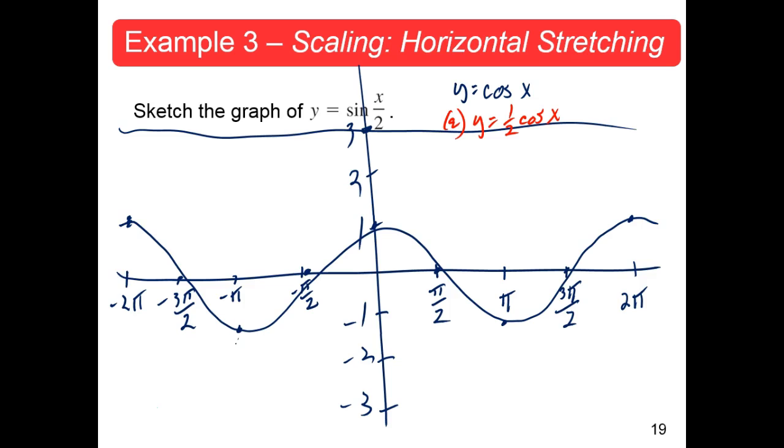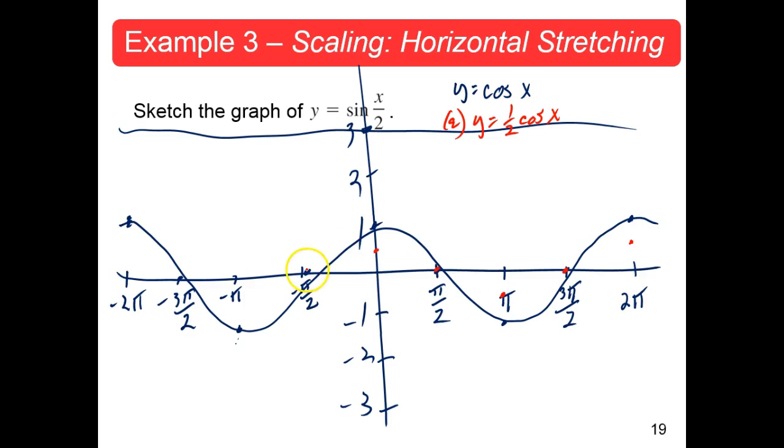So that means it's going to start not at 1, but at 1/2. So 1/2 of 1 is 1/2. 1/2 of 0 is still 0. 1/2 of negative 1 is negative 1/2. 1/2 of 0 is 0. And 1/2 of 1 is 1/2.